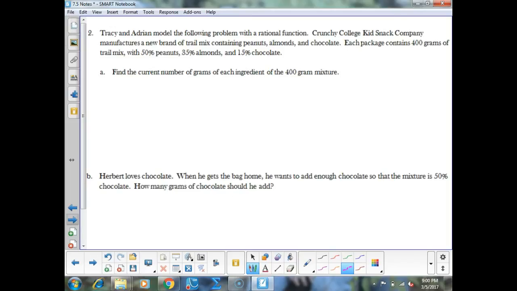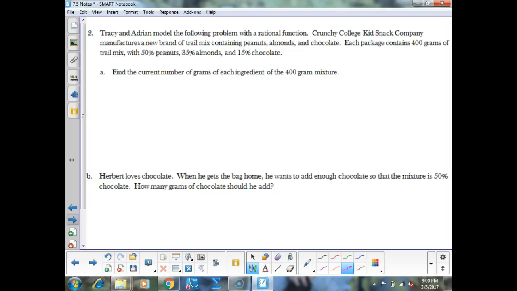Problem number 2. Tracy and Adrian modeled the following problem with a rational function. Crunchy College Kids Snack Company manufactures a brand new trail mix containing peanuts, almonds, and chocolate.